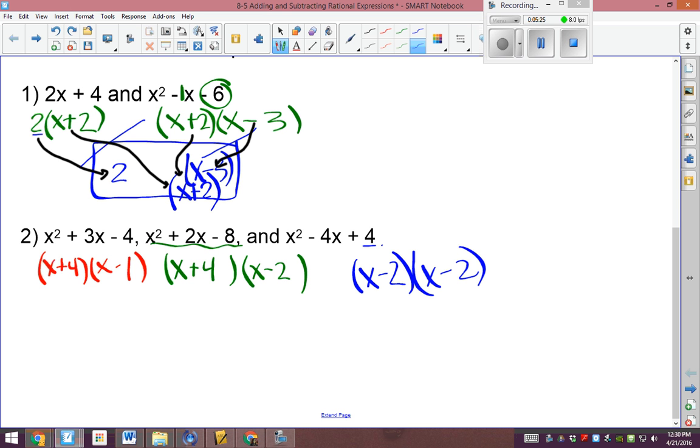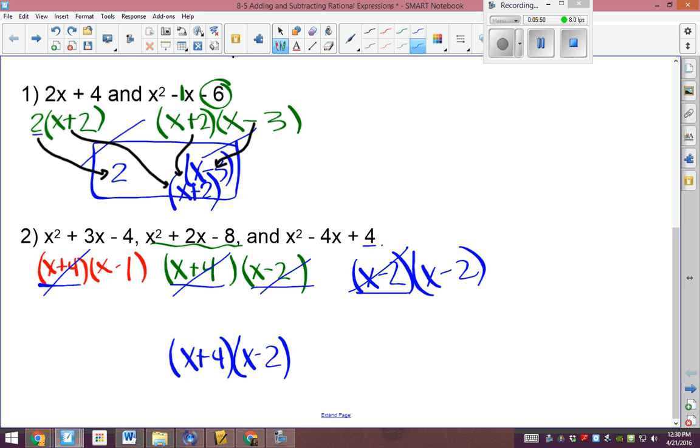So this would be if we were trying to find a common denominator between 3 fractions. So what is shared? At least 2 of them share this. That's one of them, so I'm going to write it down, and that means that we don't need to use it again. Anything else? The x minus 2 is shared. But that only takes care of 1, so let's write it down and cross those off.